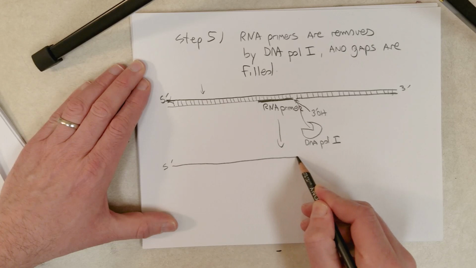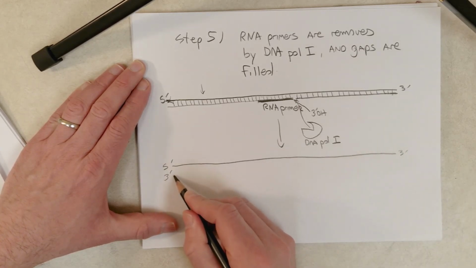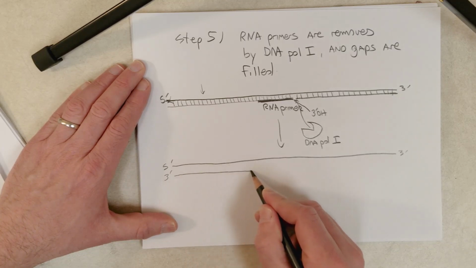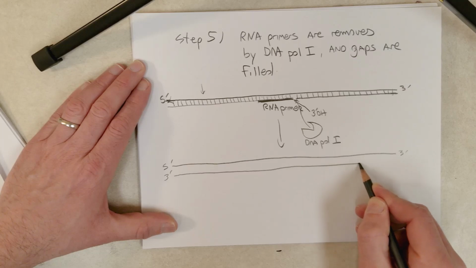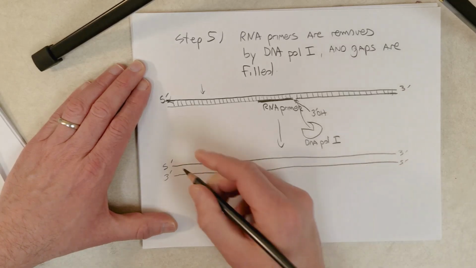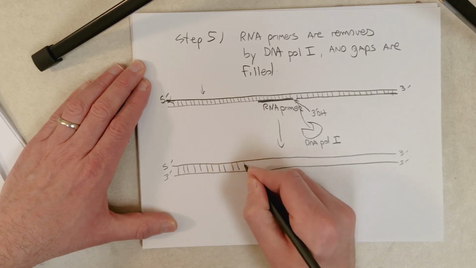So after DNA polymerase I comes in, we should end up with something like this. And there's one mistake in this diagram. I'll point that out in a moment.